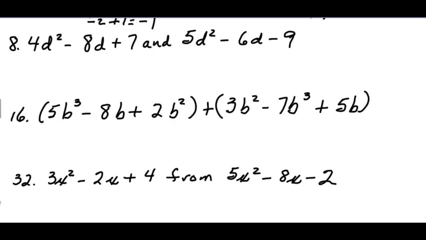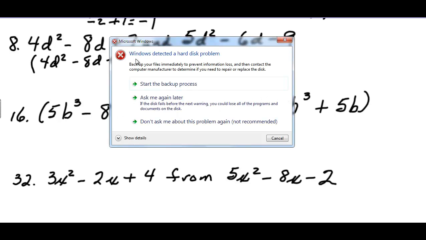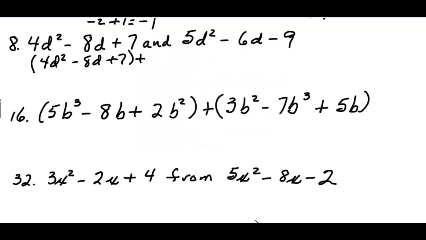All that really means is we're taking this quantity 4d squared minus 8d plus 7, and we're adding it to 5d squared minus 6d minus 9.